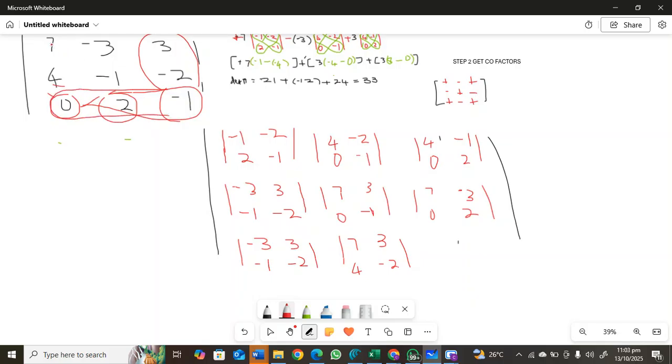So we have 7, negative 3, 4, negative 1.